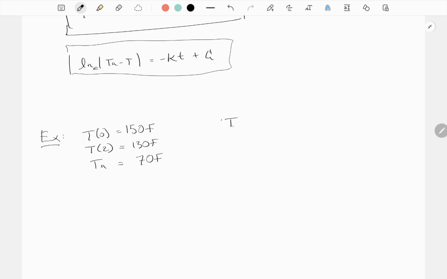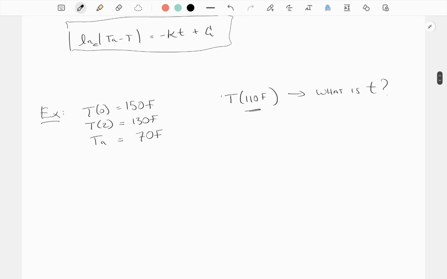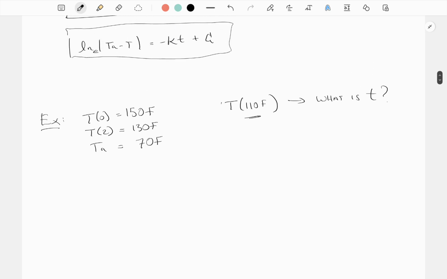So T at 110 Fahrenheit, what is the time? I'll just write it like that. I'm waiting for the coffee to reach 110 Fahrenheit. How long is it going to take? From when I first picked up the coffee, because when I start at time 0 it is 150. Awesome. Let's figure it out.